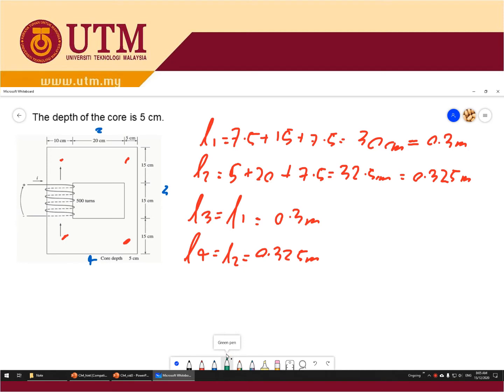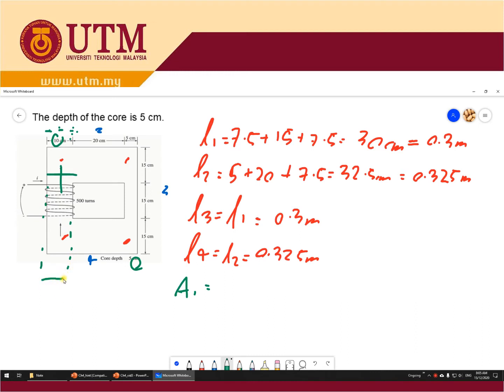So for the cross section, okay, we start with the first one, area 1. So the area 1, you can see that the width is 10, okay, and the depth is 5. Remember, the area is basically perpendicular to the flux.